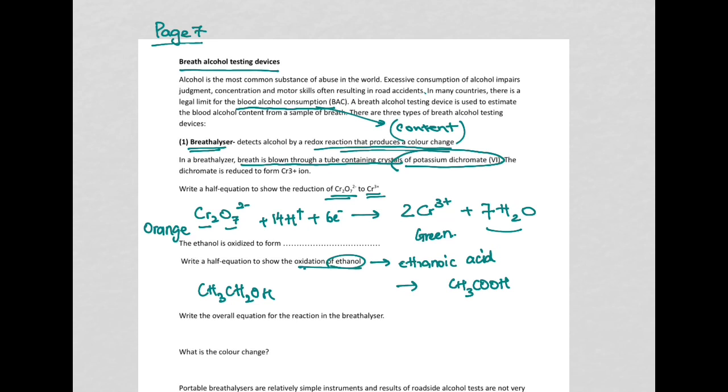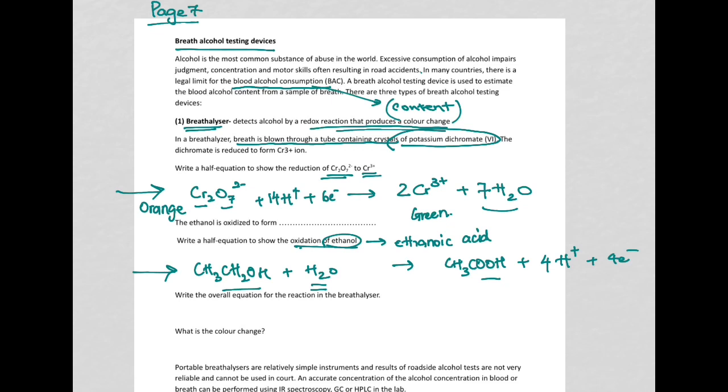I will balance the oxygen by adding H2O, and I will balance the hydrogens here by adding H+. So I'm adding 4H+, and I'm going to balance the charges by using electrons. So you can see that you have the oxidation of ethanol, and here you have the reduction of dichromate.